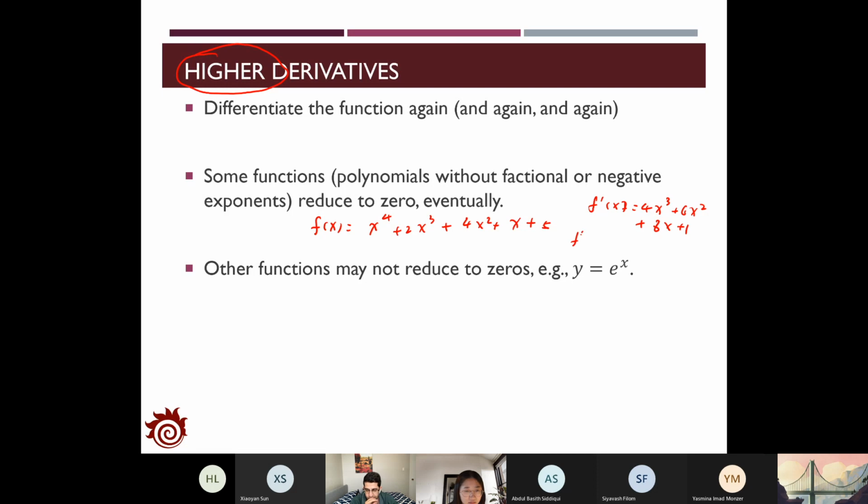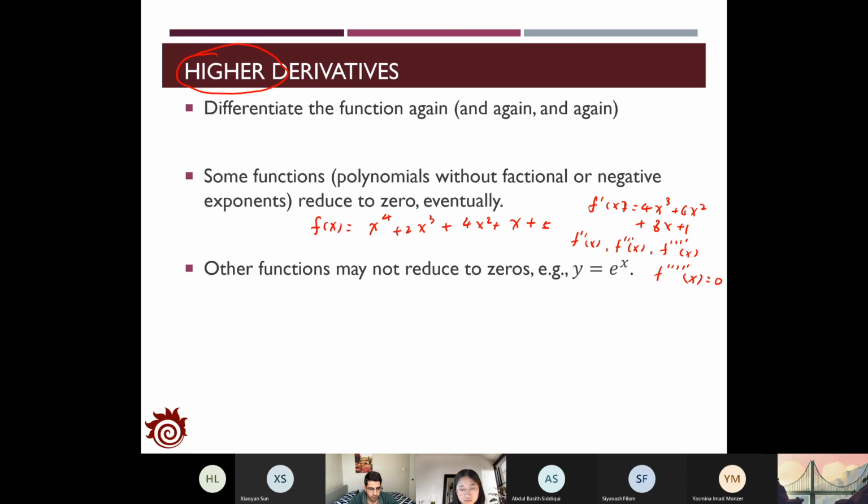But you can also do the second order derivative, the third order derivative, the fourth order derivative, and the fifth order derivative. Eventually you will find the value will be 0. You can try this by yourself to see how it works.